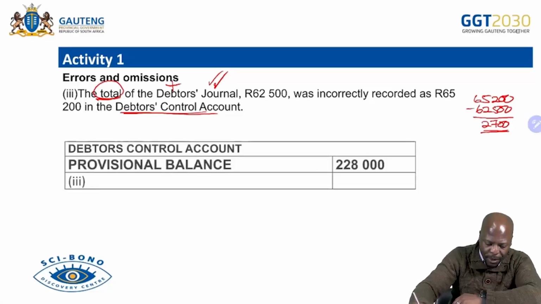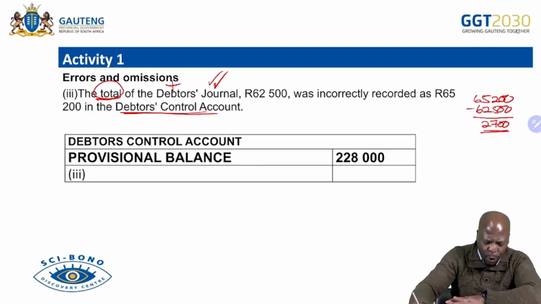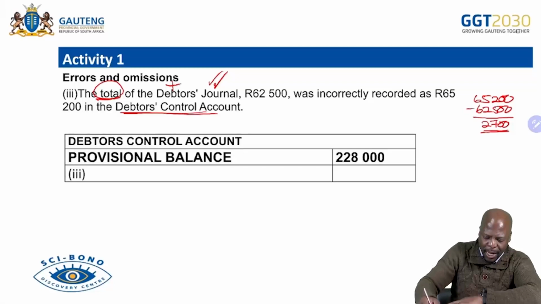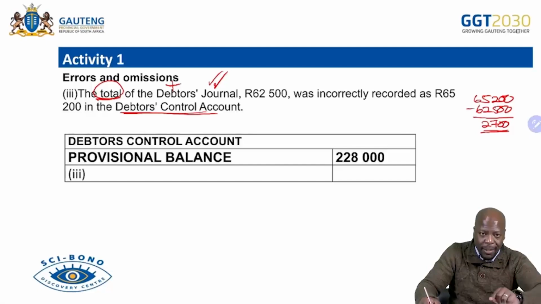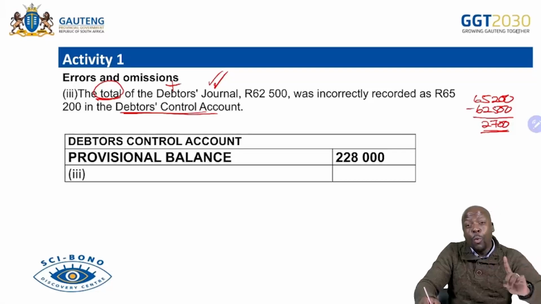Let's see now. In other words, when I come now to my control account, I now need to correct. What am I going to do here? It's simple. If my debtors journal is overstated, that means I have more of the plus. Debtors journal plus, because in the debtors journal, we have invoices, and invoices are plus.